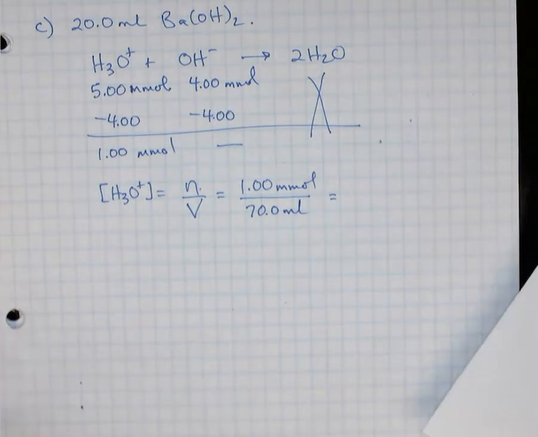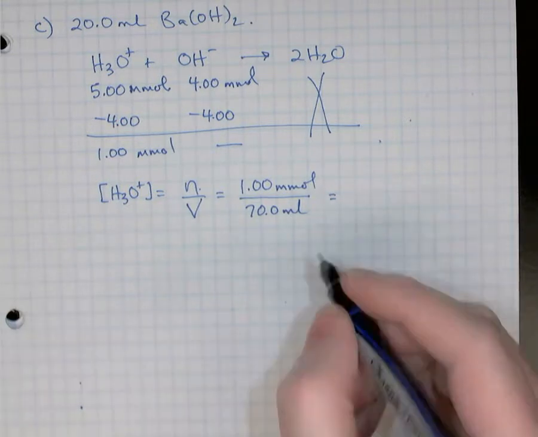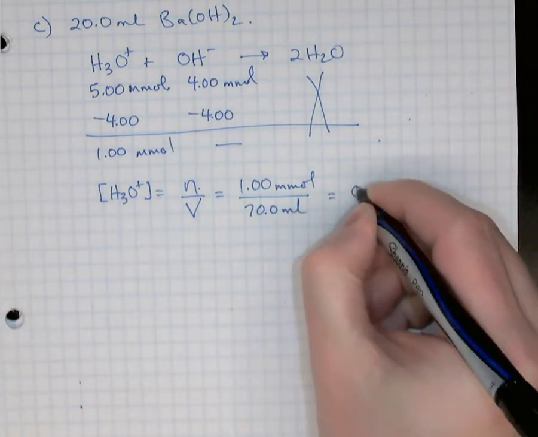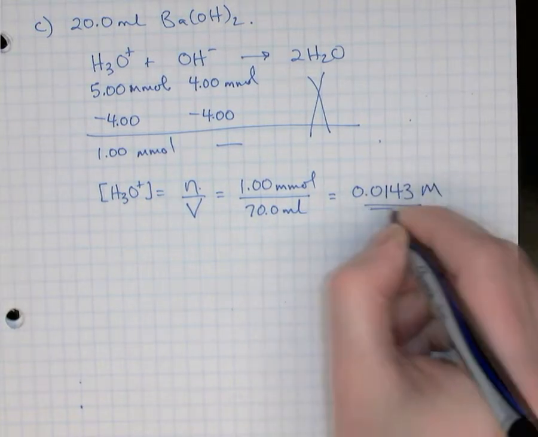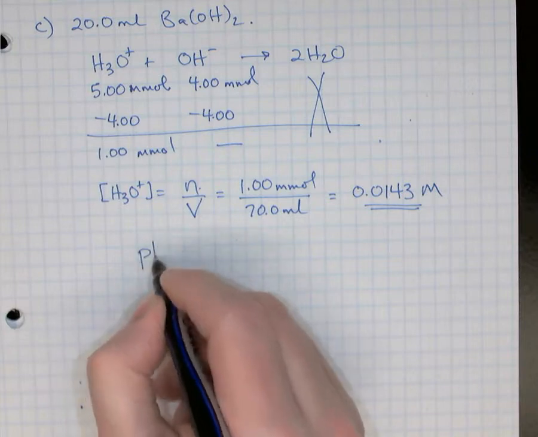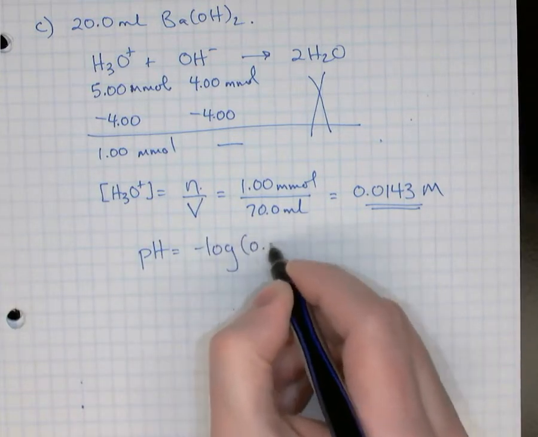So 0.1 divided by 70 is going to be 0.0143 molarity. And the pH will be the negative log of the hydronium concentration.